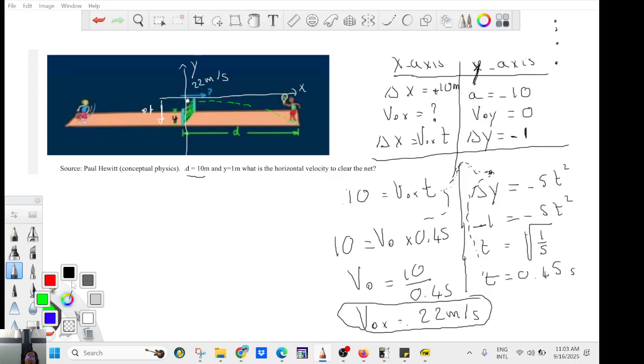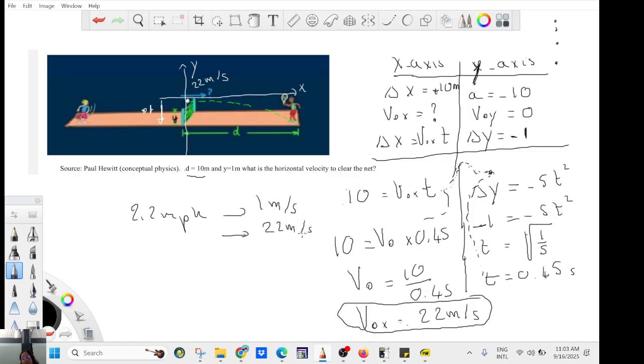Now, if you want to see if it makes sense, remember that 2.2 miles per hour is 1 meter per second. So 22 meters per second times 2.2, you cross multiply, about 48, so about 50 miles per hour.